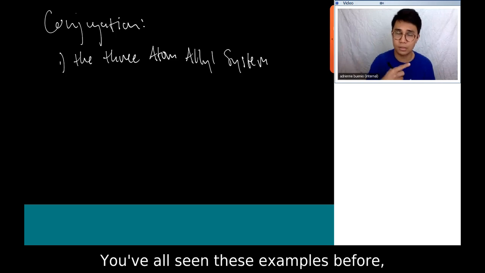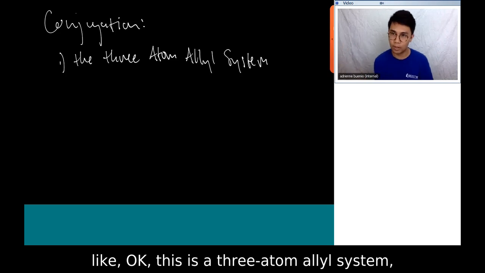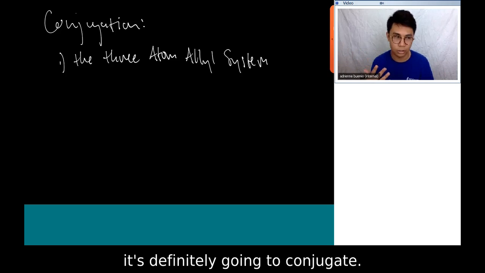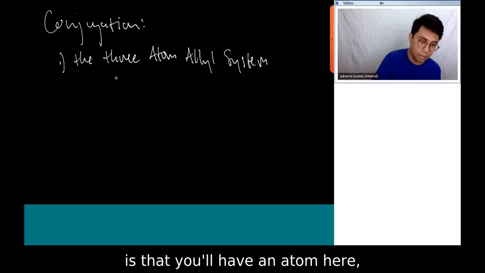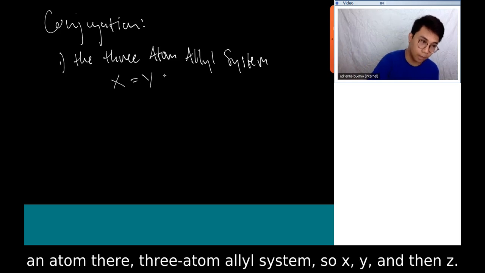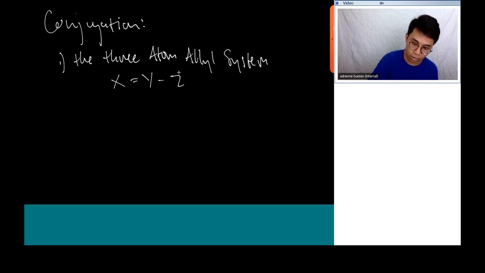You've all seen these examples before, but this is the more formal version. This is a three atom allyl system. It's definitely going to conjugate, right? What this means is you'll have an atom here, an atom there, so X, Y, and then Z, and this is going to have some kind of charge, right?